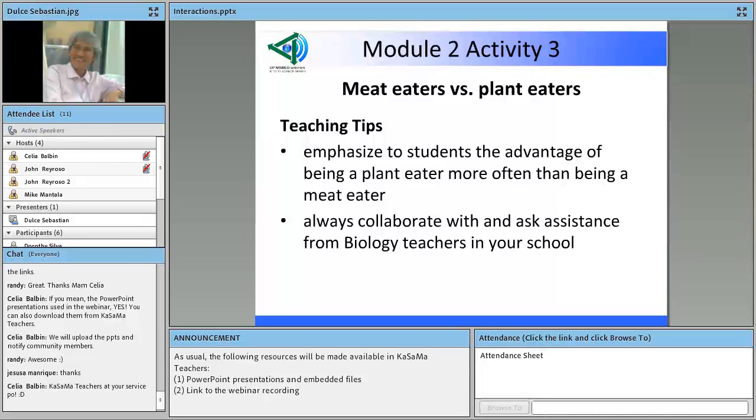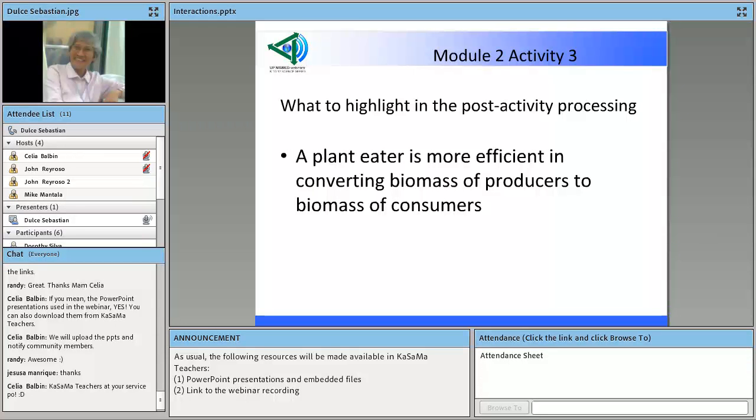In this part of the module, as in the other module, you should always ask for help if it is the first time that you are teaching this topic. We want to highlight the idea that a plant eater is more efficient in converting biomass of producers to biomass of consumers. This is explained in the learner's material, and you have an example there.